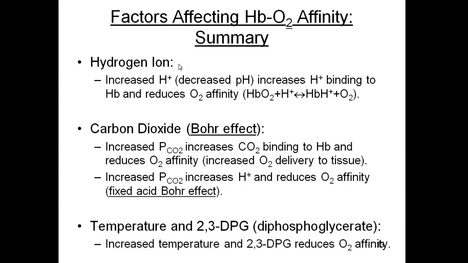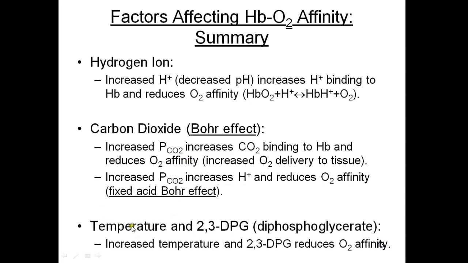Shifting of the curve to the right side means again that the affinity between the oxygen and hemoglobin will be weak and oxygen will be easily released from the hemoglobin. Increased carbon dioxide, right. So the effect of the pH or the effect of increased carbon dioxide would also decrease the affinity between the oxygen and the hemoglobin.